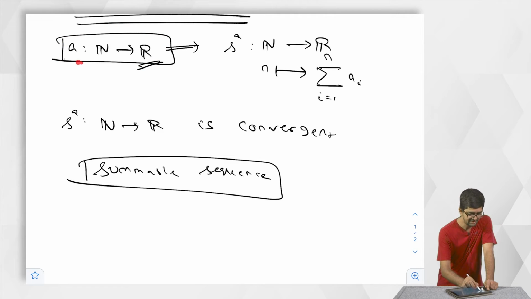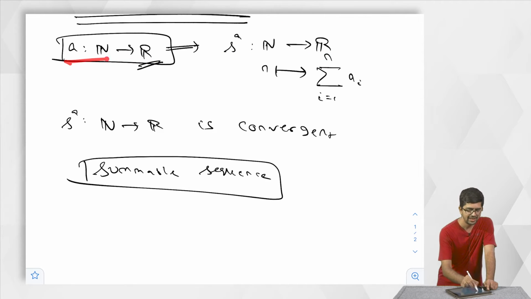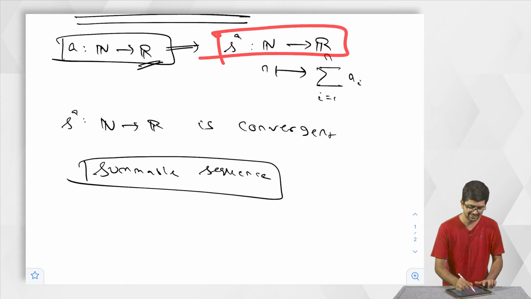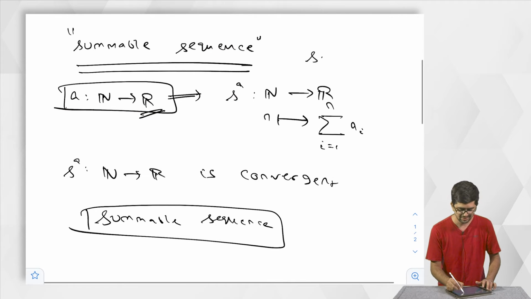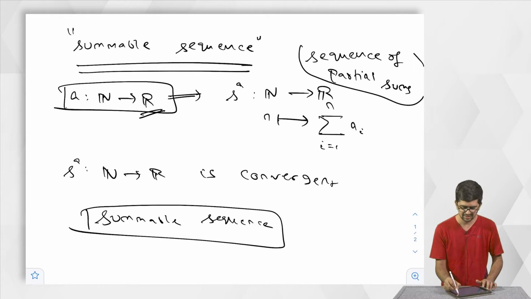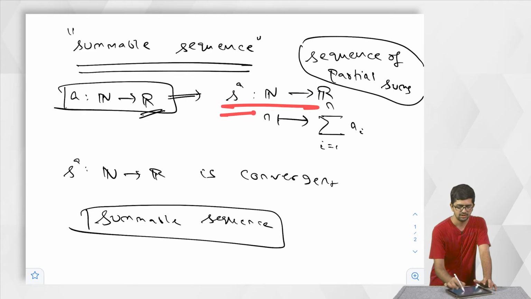So given a sequence A, if the corresponding sequence SA is convergent, then we call A a summable sequence. This SA has a name: it is called the sequence of partial sums. This is the standard name. If this is convergent, we call A a summable sequence.